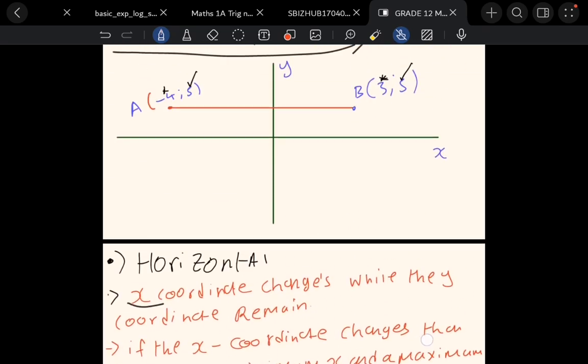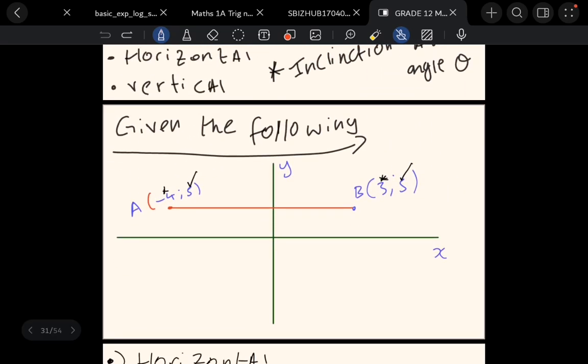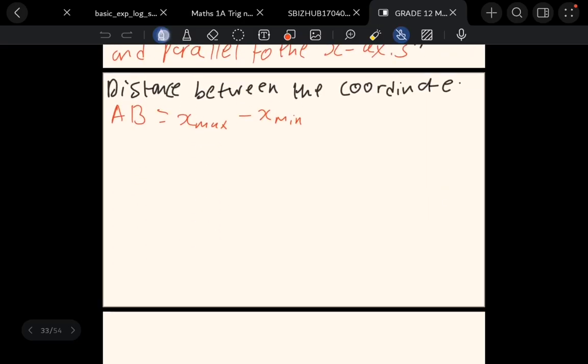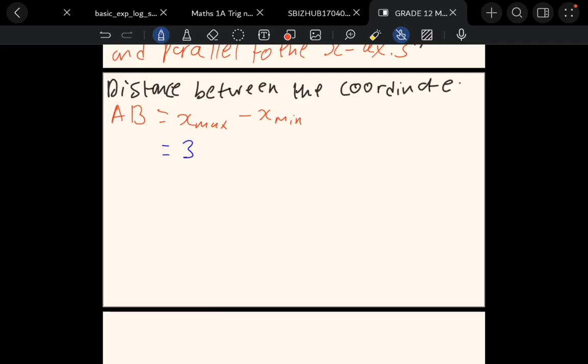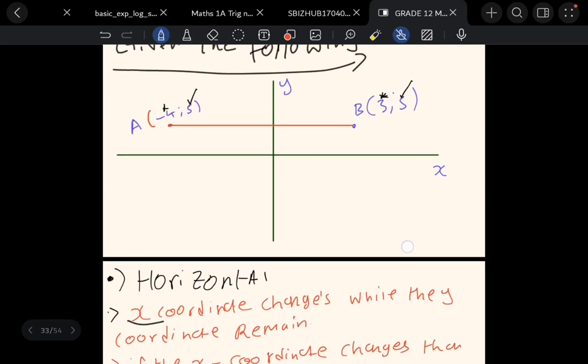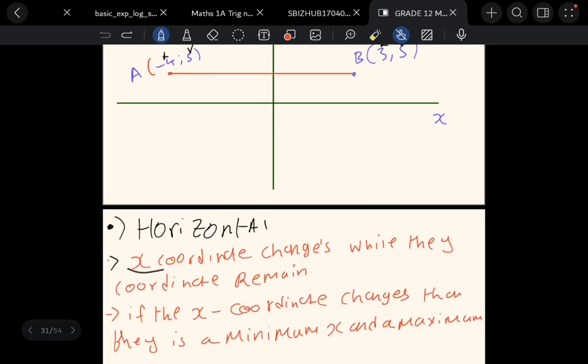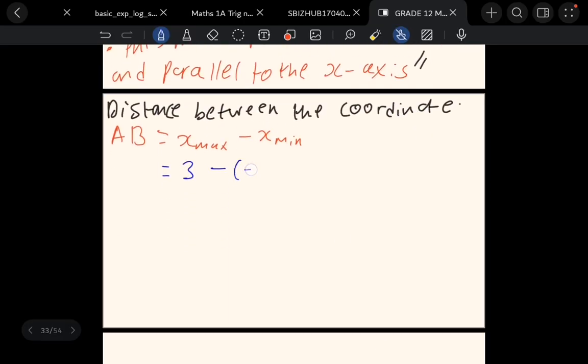To calculate that distance AB, I'm going to say it's 3 minus, the formula contains a minus. What is the x coordinate of A? It's negative 4, so I'm going to say it's minus 4. So distance AB is equal to 7 units.